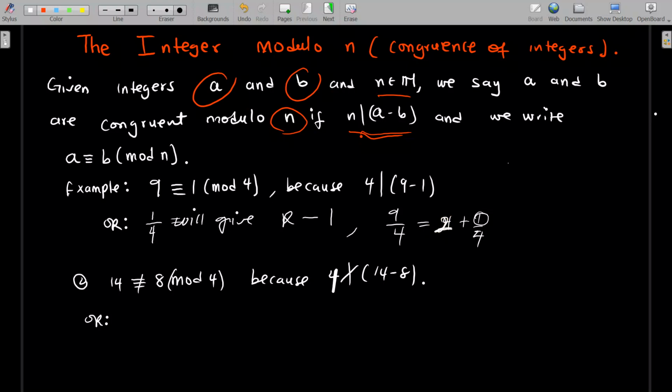So in other words, if I say a is congruent to b mod n, what I'm saying is that both a and b leave the same remainder when they are divided by n.